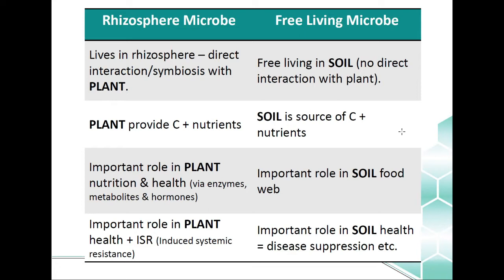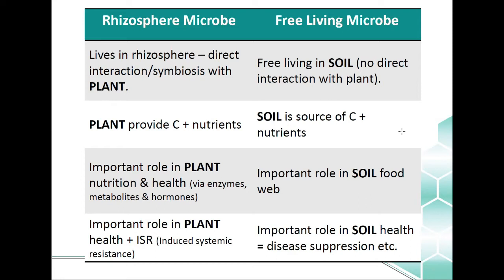The rhizosphere microbe is obviously important in plant nutrition and health via the production of enzymes, metabolites, and all these other signaling molecules, whereas the microbe that is not plant associated is part of the soil food web in the bulk soil. So it is a totally different dynamic from the rhizosphere.